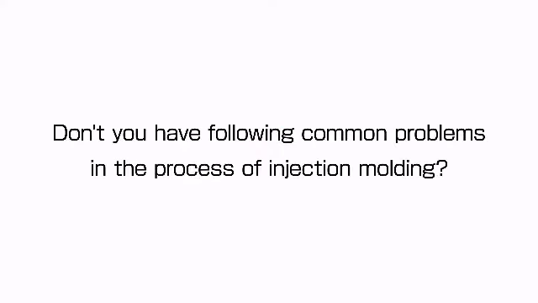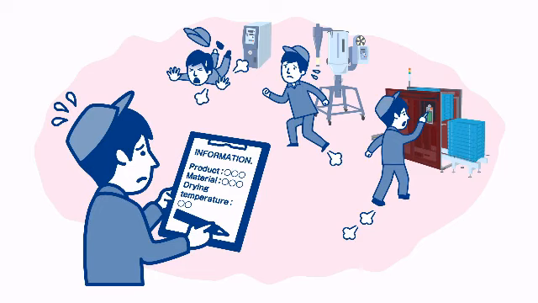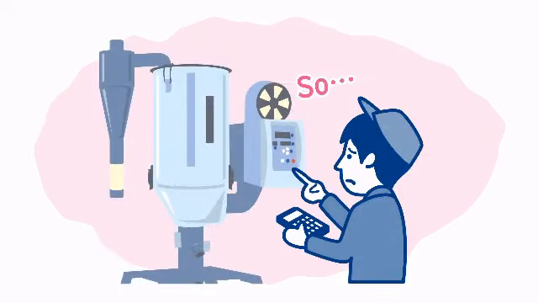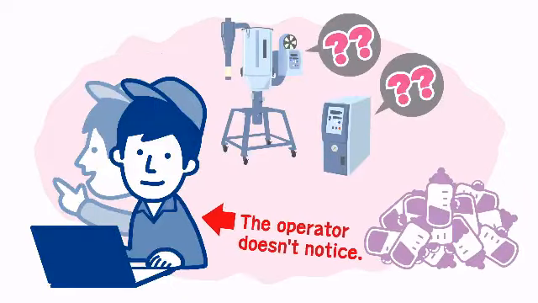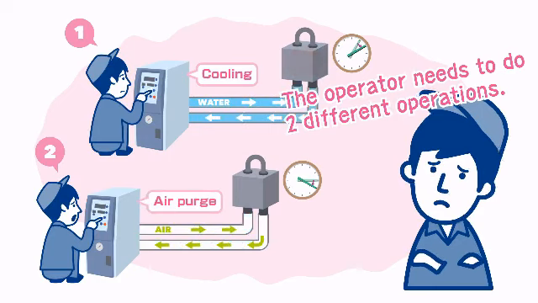Total link. Don't you have following common problems in the process of injection molding? It takes time to set each peripheral equipment. Human errors in setting. A lot of defective products because of wrong setting. A lot of operations at mold changing and at the end of molding.